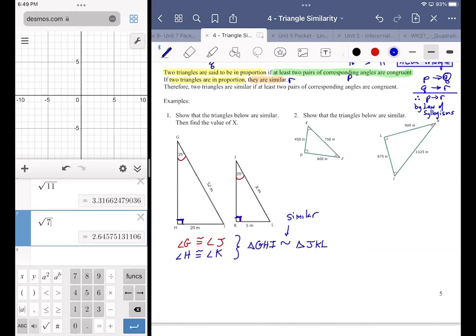Okay, so that's great. Now, if two triangles are similar, then at least two pairs of corresponding angles are congruent. If at least two pairs of corresponding angles are congruent, then the triangles are said to be in proportion.